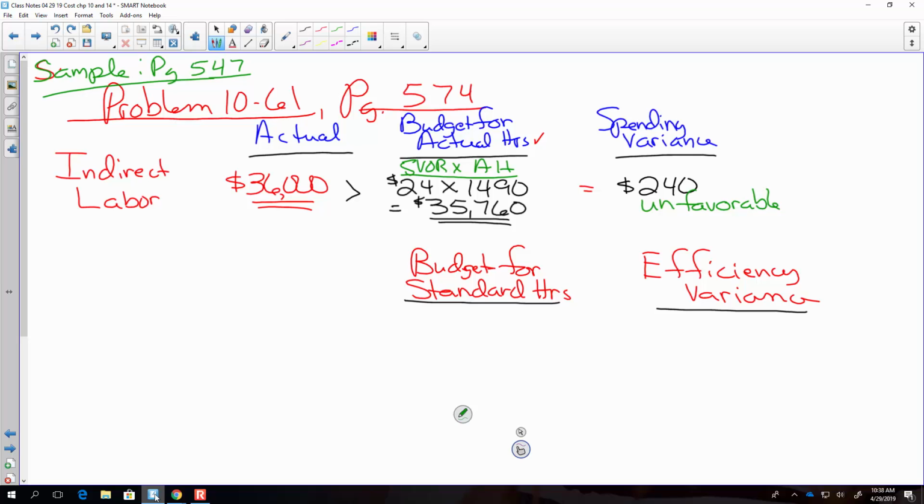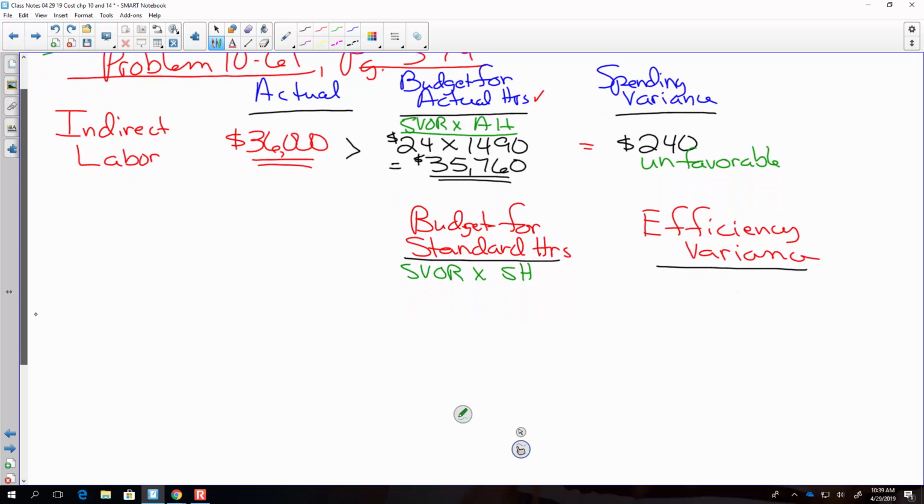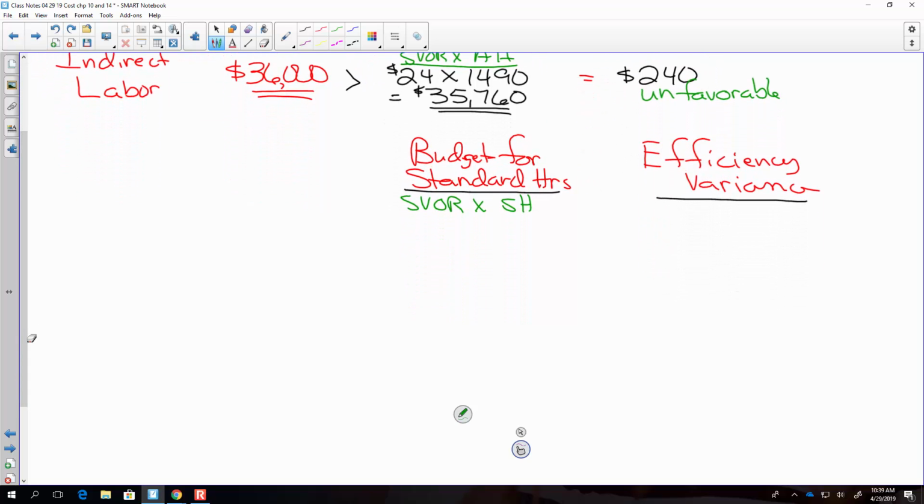Okay. Let's look at our third column, right? Budgeted for standard hours. So here, I'm going to take my SVOR times SH. The SVOR stays the same at 24.